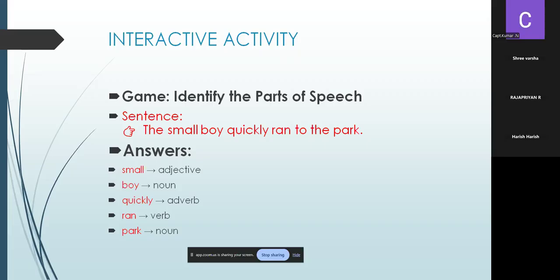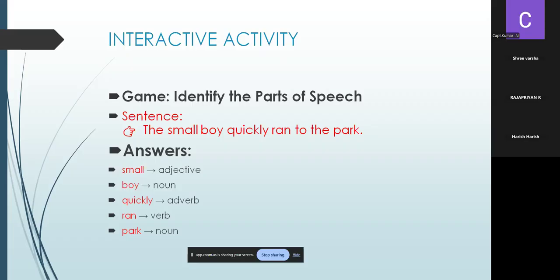Second question: She dash verb a song. Come on, think. Sings. She sings, verb. Song. Good. Third question: This is dash pronoun book. My book. Exactly. This is my pronoun book. Good.